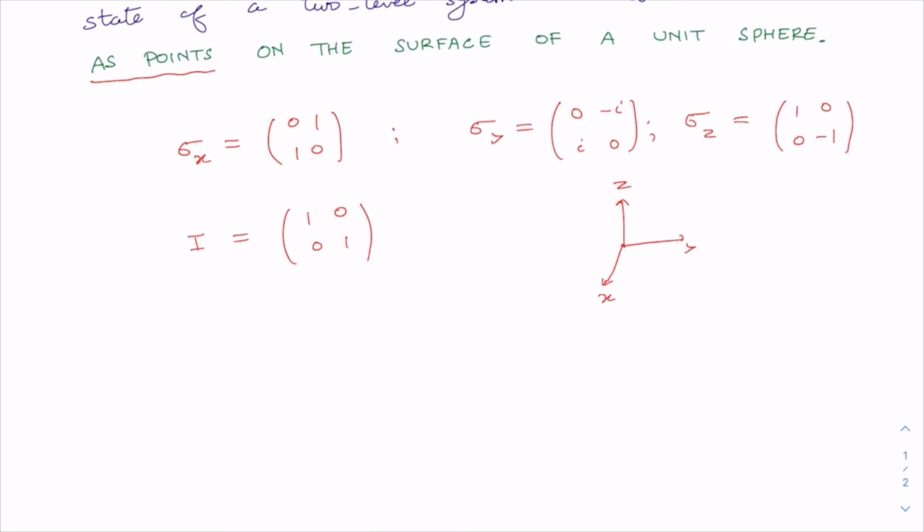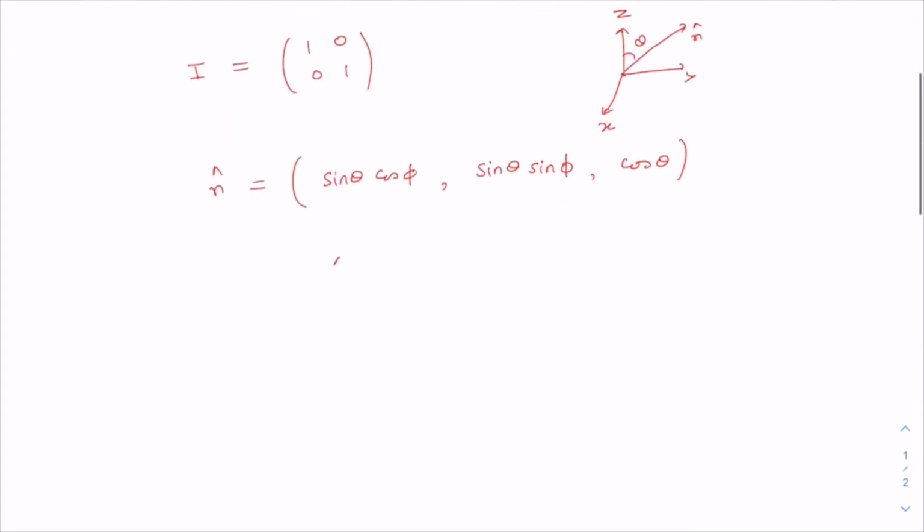So now if I ask, what about the Pauli matrix along any arbitrary direction, say n cap, defined as n cap is equal to sine theta cos phi, sine theta sine phi, and cos theta. Let me draw a bigger picture here.